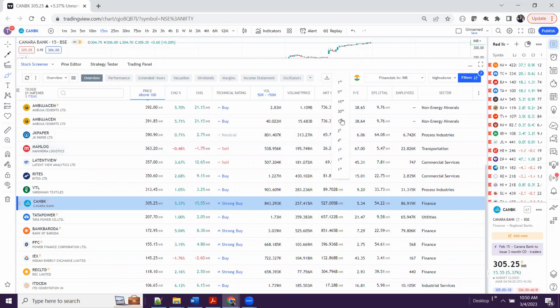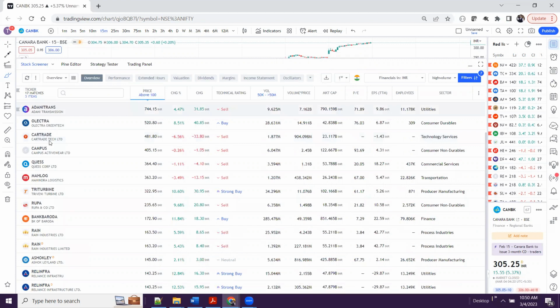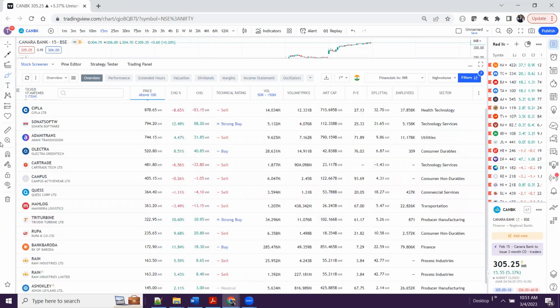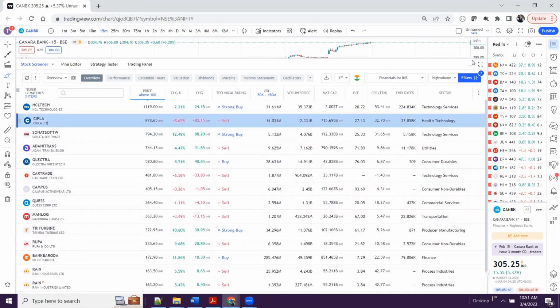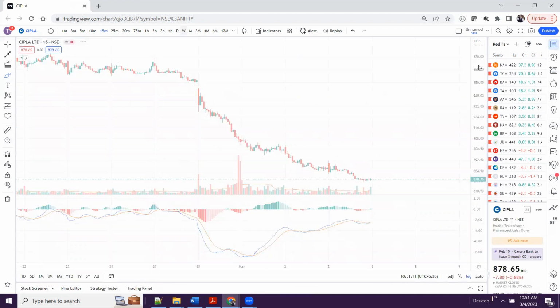And likewise, if you change it to weekly, let us see what sort of trade we are getting in this. Let us, for example, take Cipla. Cipla is giving a sell. Now let us go to the weekly chart of Cipla.